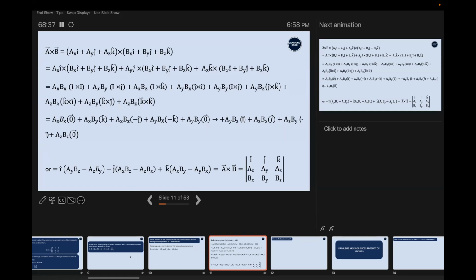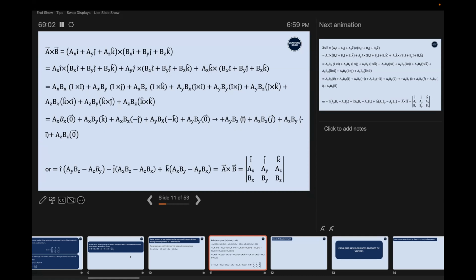Fortunately, there is a concept in mathematics which gives us this value when you expand it. This is an expanded value. If you condense and write it, you write it in this form, which is called the determinant method. That was the property that we discussed. When you expand the determinant, you actually get this value.